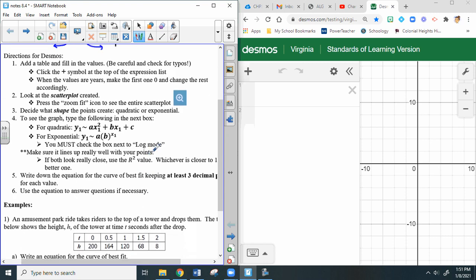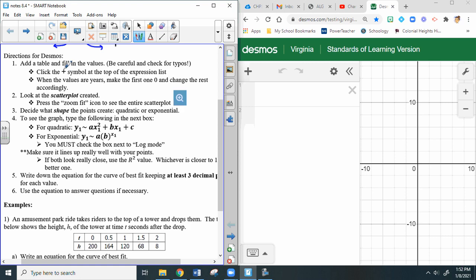All right, so the directions in Desmos. What you're going to be doing is creating those scatter plots, a graph with dots on it, in Desmos. Here's how you're going to do it. You have to add a table, and then you're going to fill in the values. Just be real careful when you do it that you don't make any mistakes. Here's how you add a table.